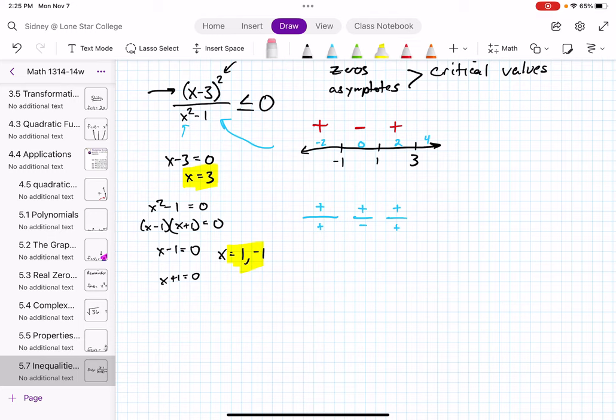All right, and then I go to plug in 4. So 4 minus 3 is 1. 1 squared is +1, so that's positive. And then 4 squared is 16 minus 1, that's also positive.